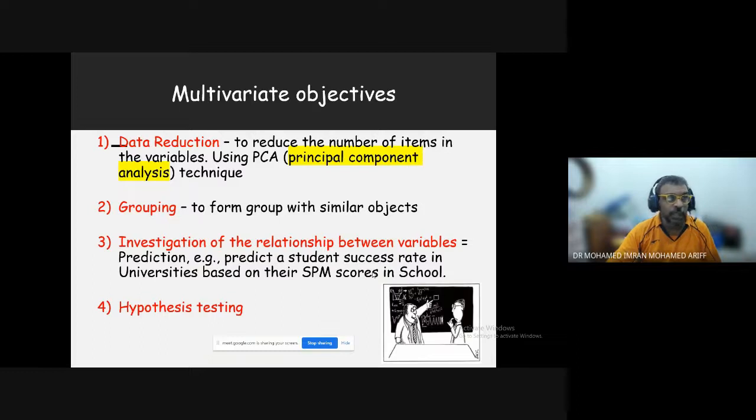So maybe you don't need 10. Hanya sekadar 5 sahaja dah cukup untuk study organizational performance. So you use the technique called data reduction, iaitu teknik principal component analysis, to find out maybe this can be reduced, and once it's reduced, then you can do a better study.